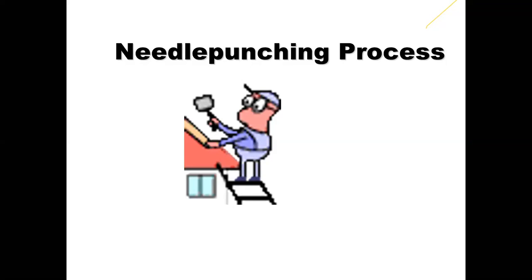If you want to prepare a non-woven fabric of 200 GSM, then you have to reduce the number of layers. If you want to produce a non-woven fabric of 600 or 1200 GSM, then you can increase the number of layers. So this way you can produce non-woven fabrics.